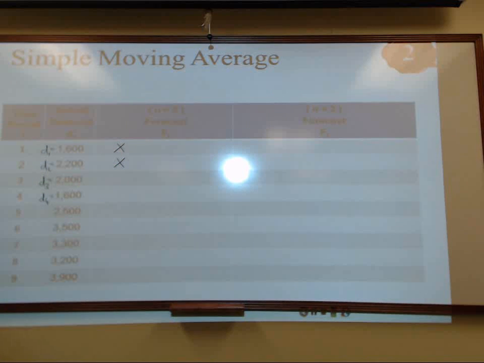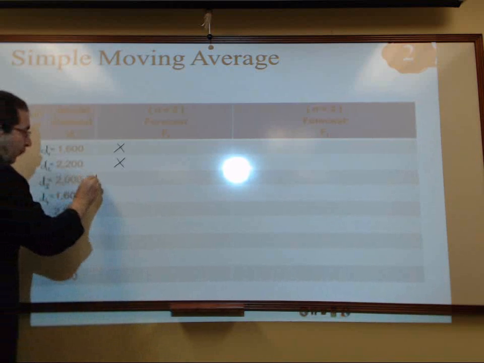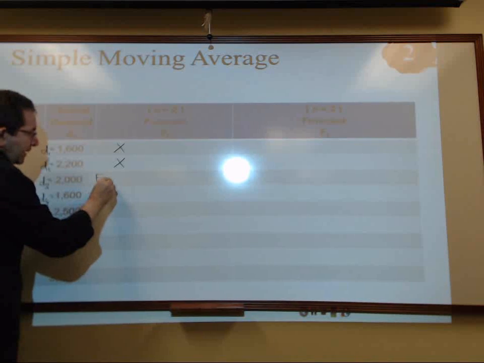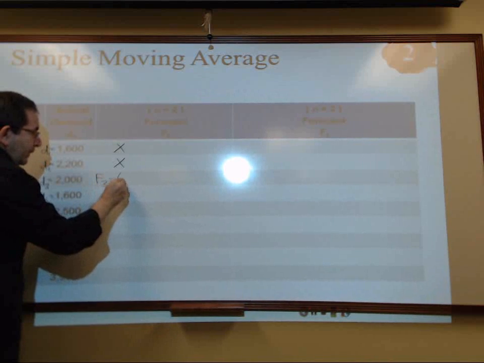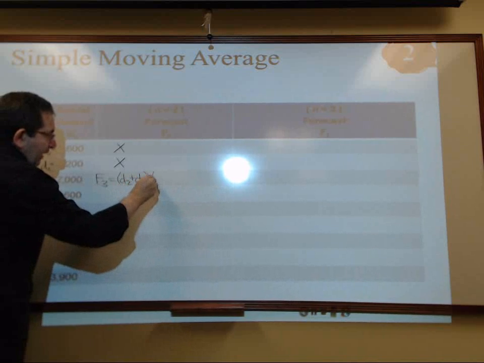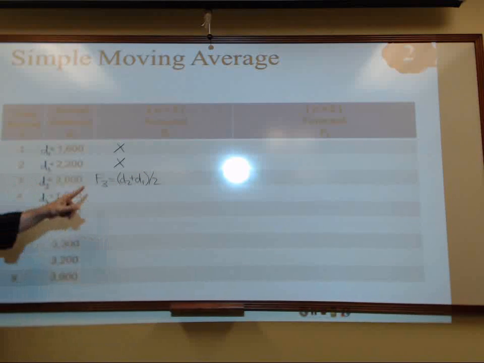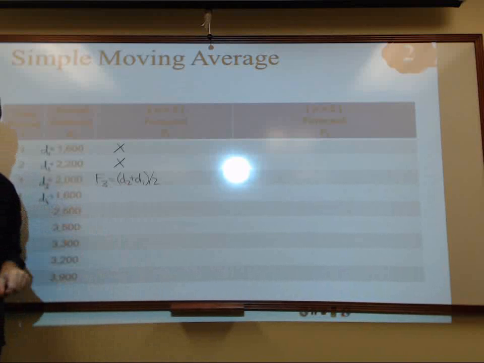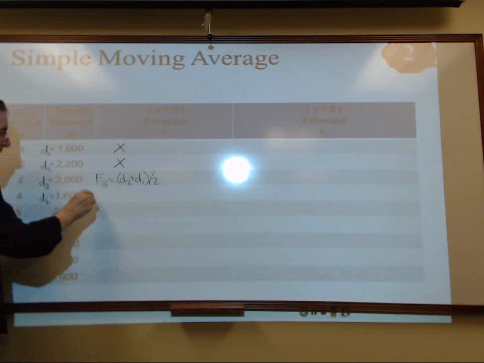The earliest I can start to forecast is at period 3. So the forecast for period 3 will be equal to D2 plus D1 divided by 2. So I take the average of the 2 previous periods. Okay?